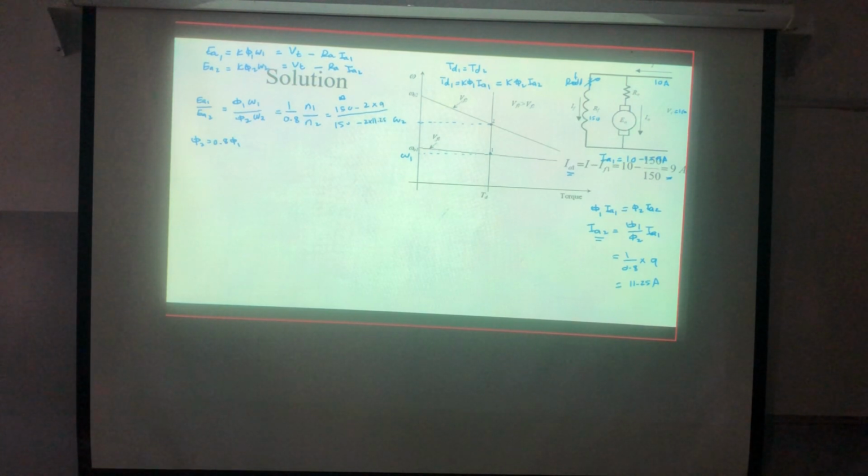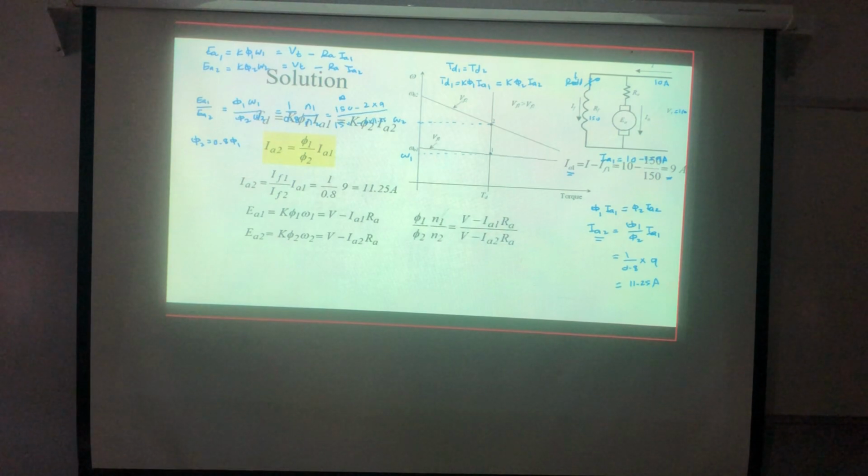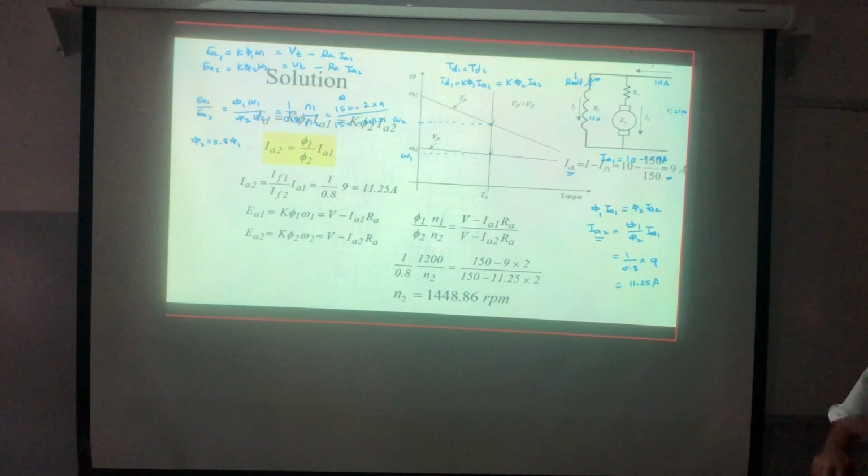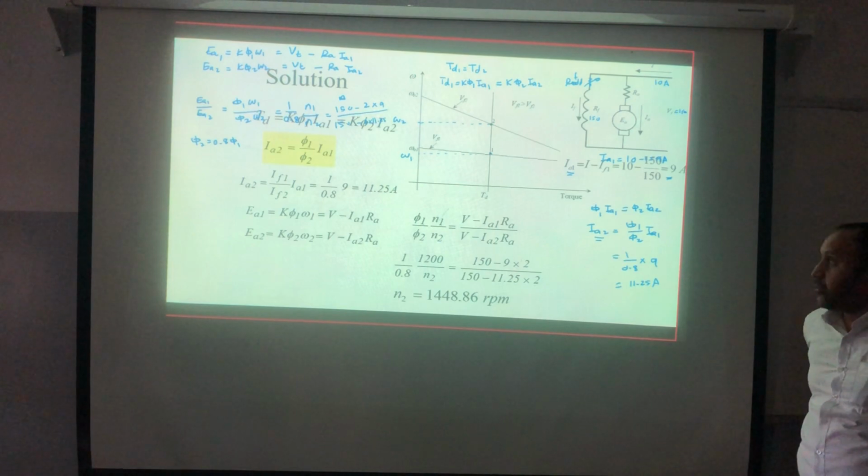If I do the math, I can calculate N2. So N2 is equal to 1148.86 revolutions per minute. Good.